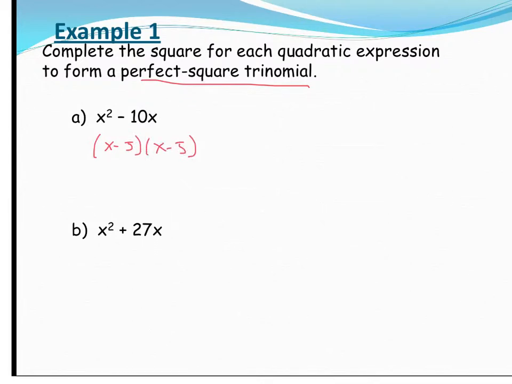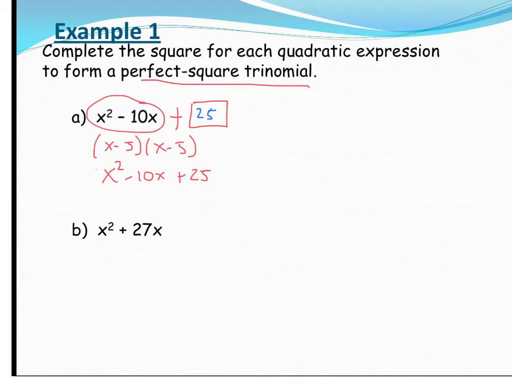If I look at x minus 5 times x minus 5, this creates a perfect square trinomial. Multiplying it out, it's x squared minus 10x, that's our first piece, and then I multiply the last two terms and get 25. So 25 is the number that needs to be added in order to make it a perfect square trinomial.